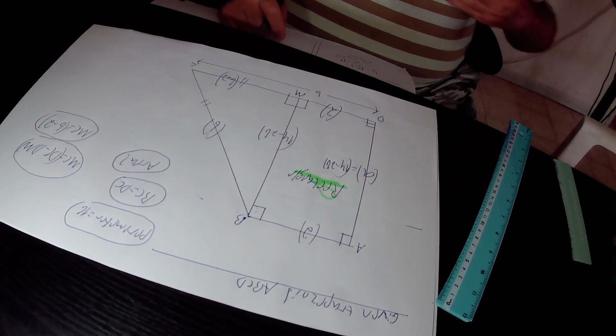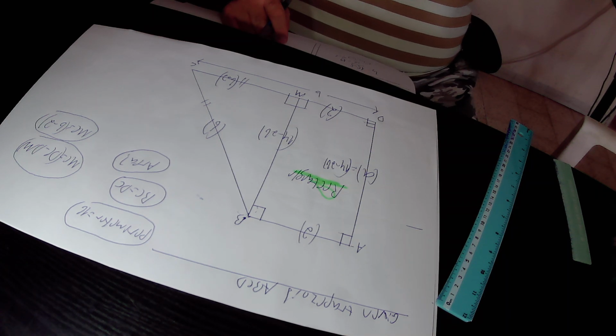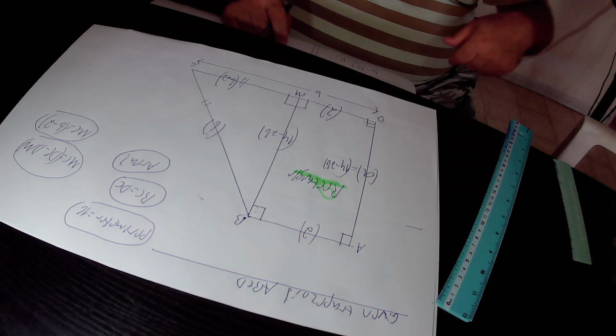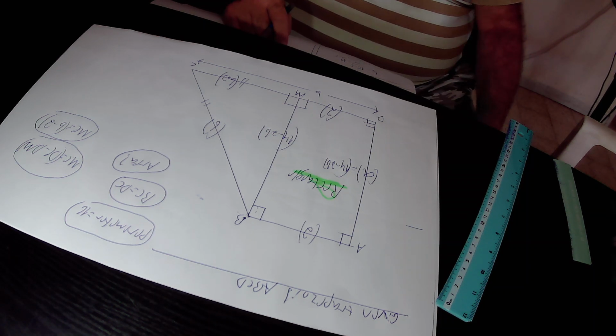AD is one side of trapezoid ABCD, therefore it is a length, therefore it must be a positive number. And the length of AD is a, and a equals 14 minus 2b. So a is a length, it must be a positive number.